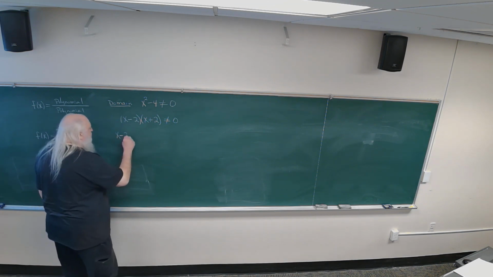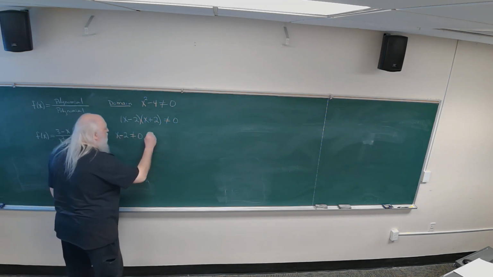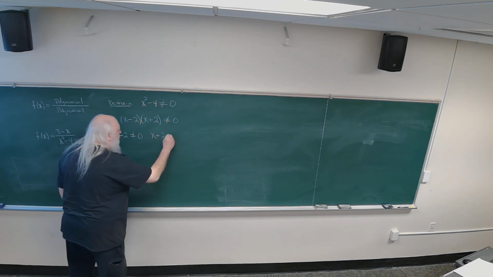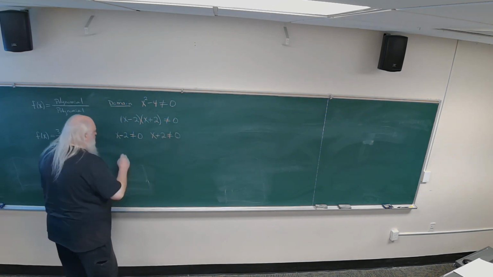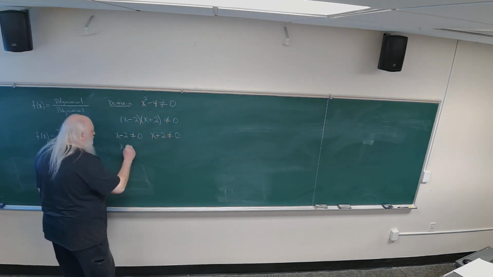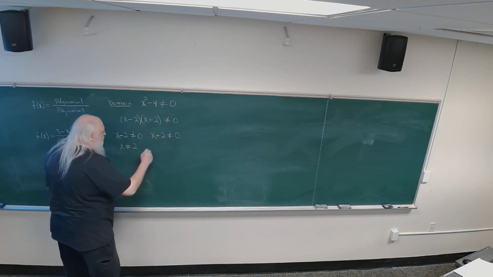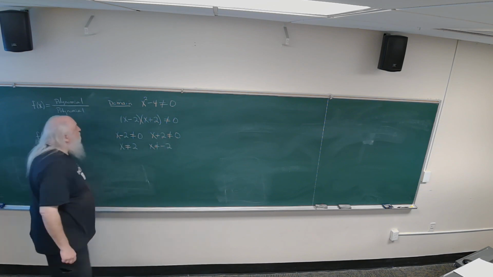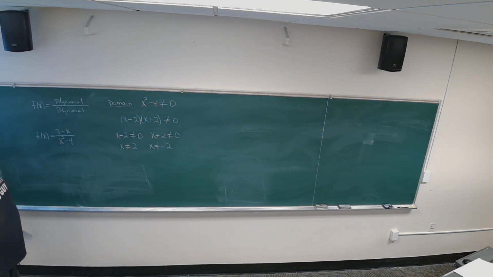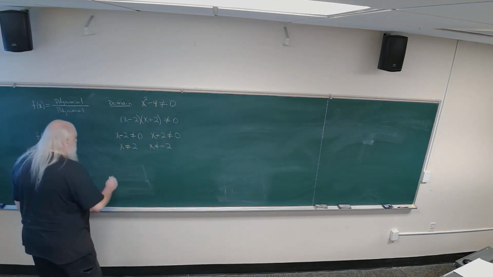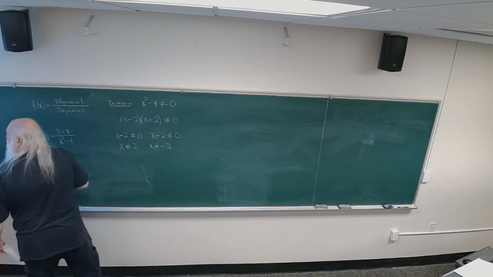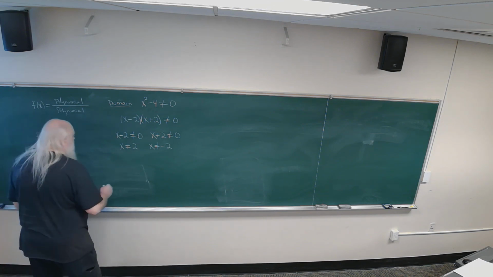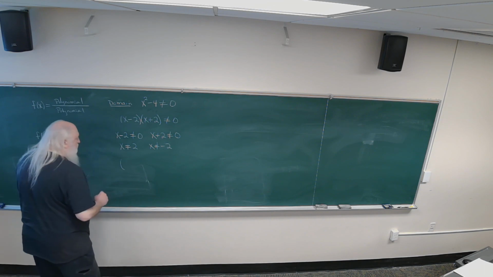So we have x minus 2 can't equal 0, and x plus 2 can't equal 0. And so the domain is x can't equal 2 and x can't equal minus 2, right? So in interval notation, okay? Now it doesn't say to write the domain in interval notation, but we always do, okay?